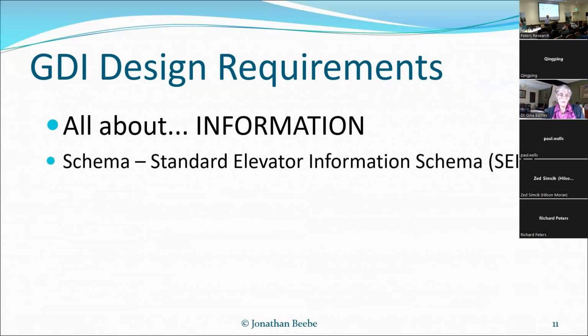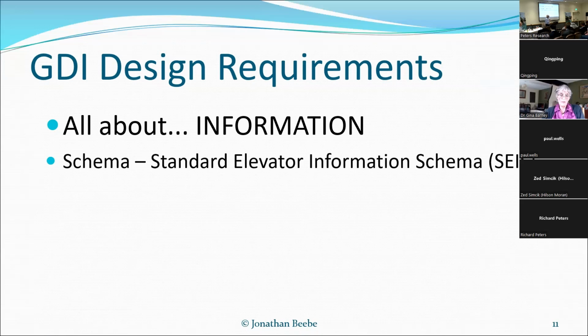But we do need a very firm, clear, controlled definition, agreed, open, and standard for that information. We need it to know its structure, how different bits of information relate to one another, all to do with the domain of lift control.